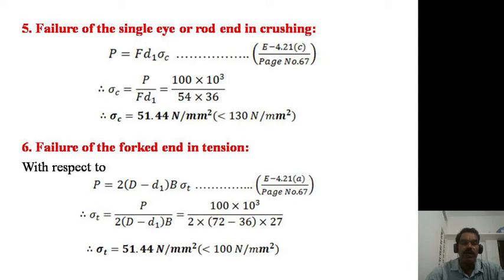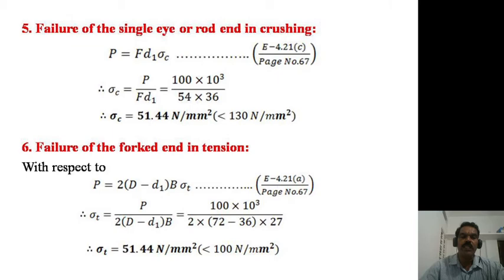Therefore P is equal to 2 times, because the forked end has two eyes, one at the upper side and another at the lower side. Therefore it should be multiplied by 2. So 2 into area of the forked end, that is capital D minus small d1 into capital B, into sigma T.